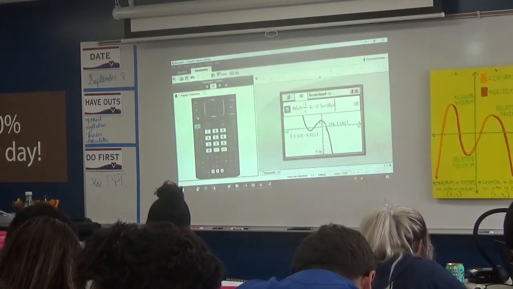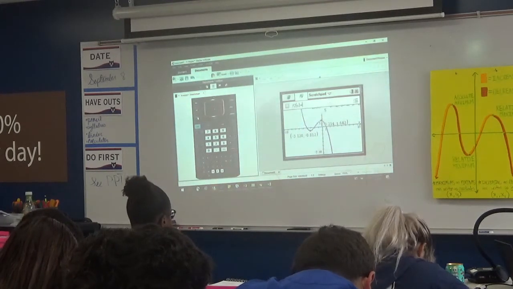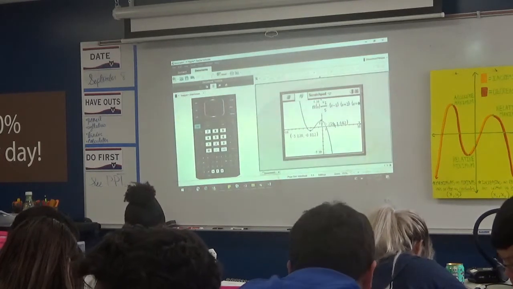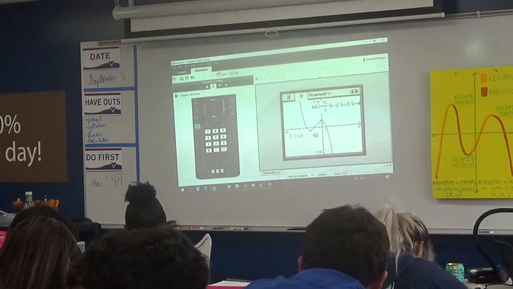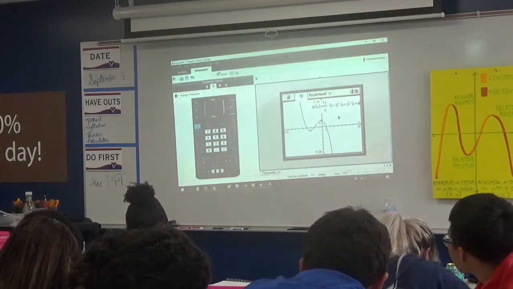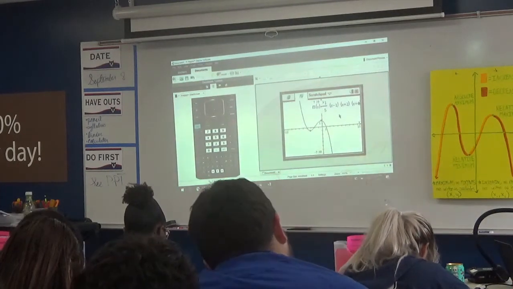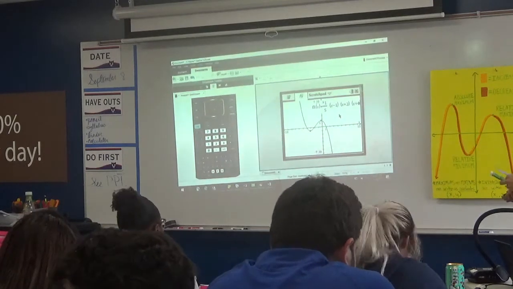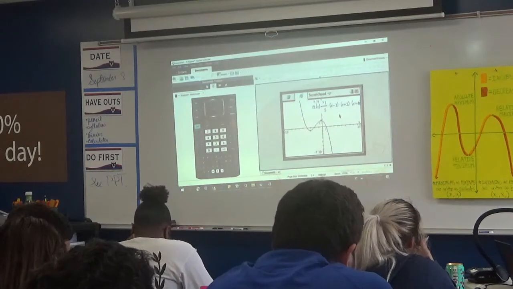If you don't have your calculator, you're looking on with someone or watching me. Okay. We here? We see it? In this case, our window looks pretty good. Most of you should probably be able to see the function unless you were on some strange setting.